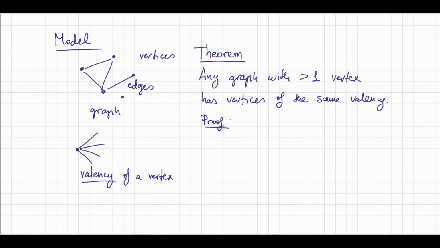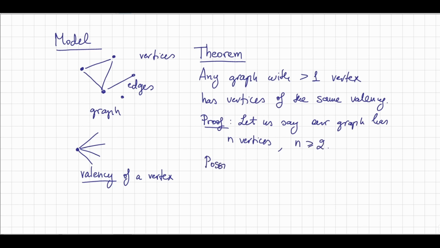So we don't know how many children we have or how many vertices. So let us say that our graph has n vertices, n is some number, and this number is at least 2.